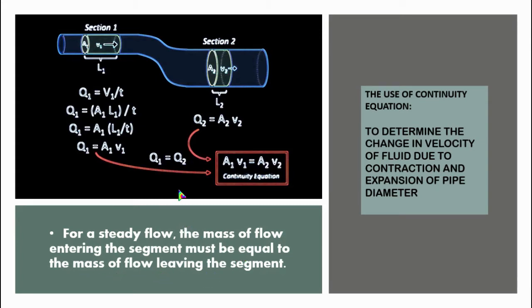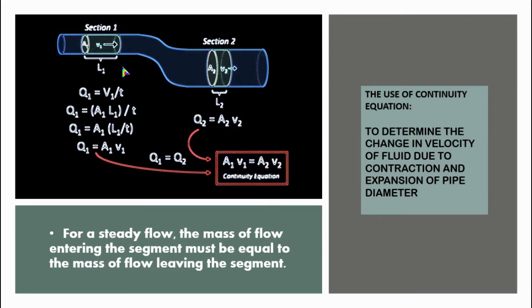Next, for further explanation of the continuity equation, here is the formula of Q, which is equal to volume over time, where the volume is equal to area times length, and we can simplify to area times length per time, and length per time is equal to velocity. So from that we get the formula Q is equal to area times velocity.